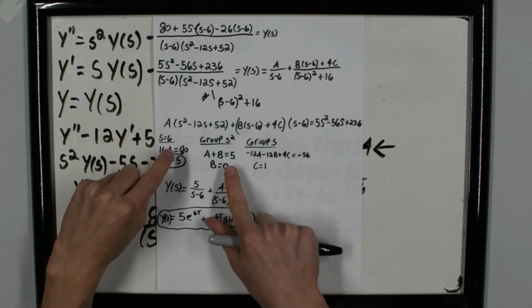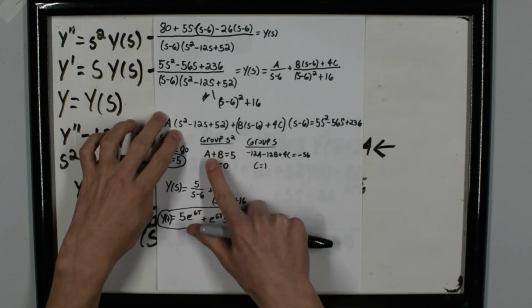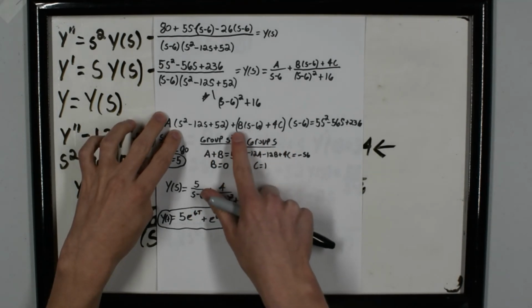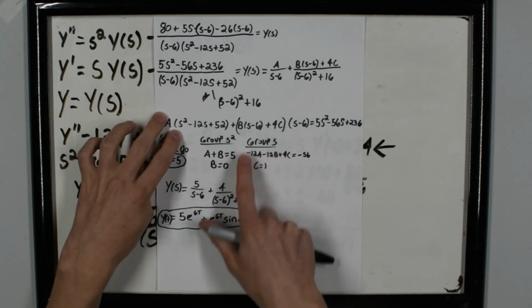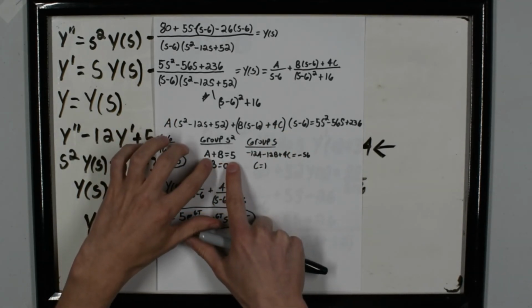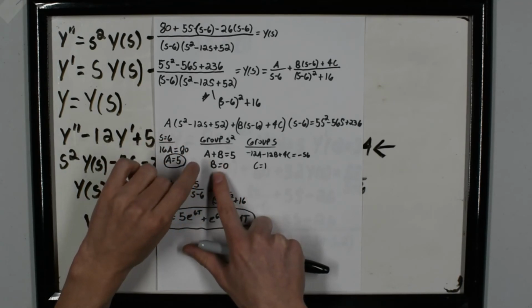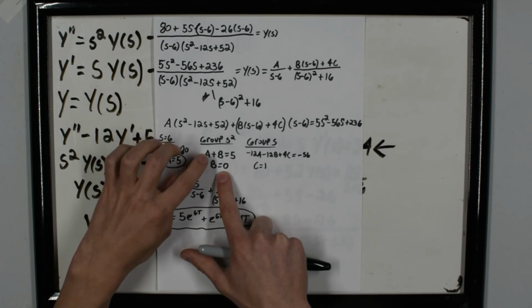When we group the s squared terms, we have an A s squared here, and a B s squared here, when we distribute that s minus 6, so we get A plus B is equal to 5. And that means B is equal to 0 when we plug in 5 for A.